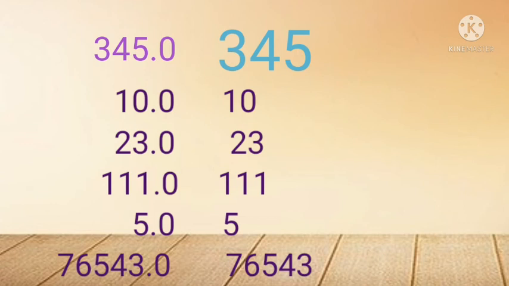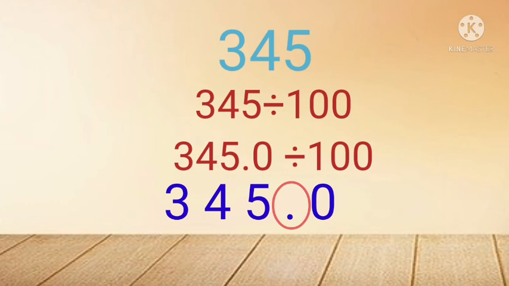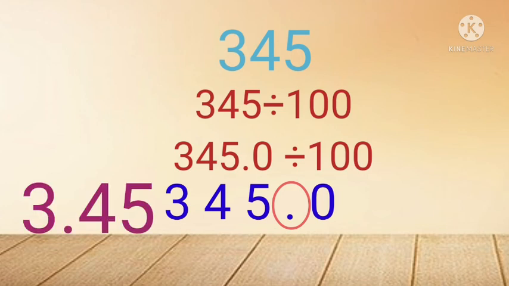When you are going to divide a number by 100, you just need to move that dot from right to left. If it is by 100, you need to move it by 2 digits. If it is 1000, you need to move it by 3 digits, like that. So, by moving the dot from right to left 2 digits, you will get 3.45.